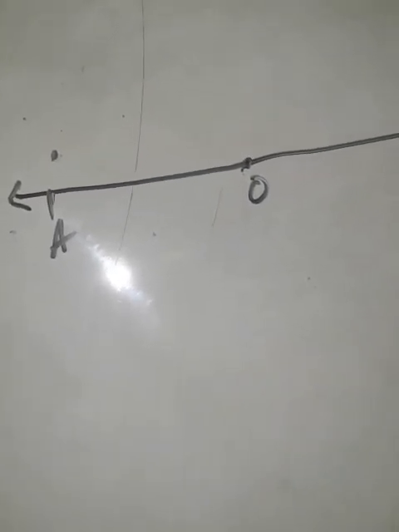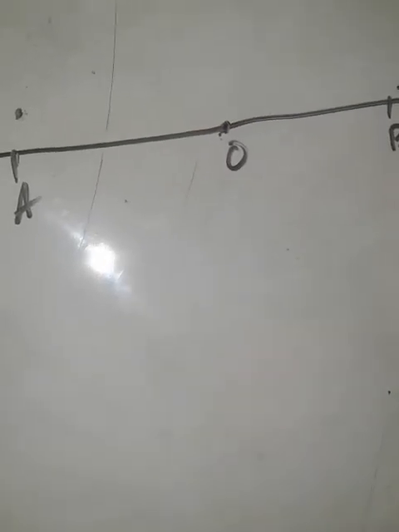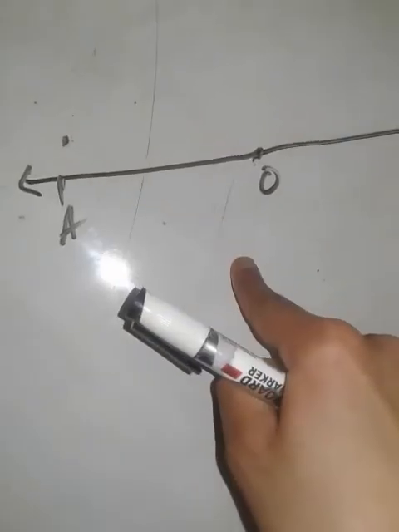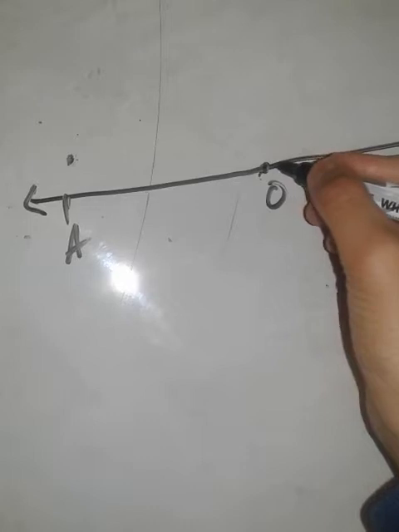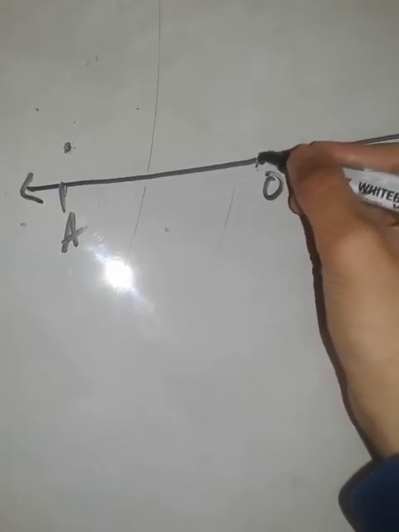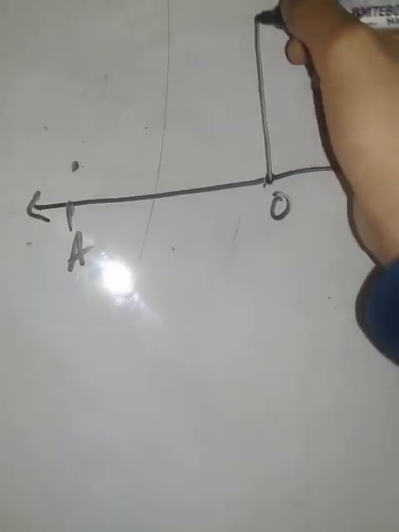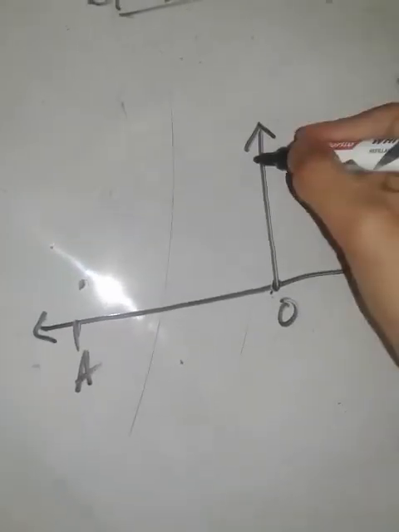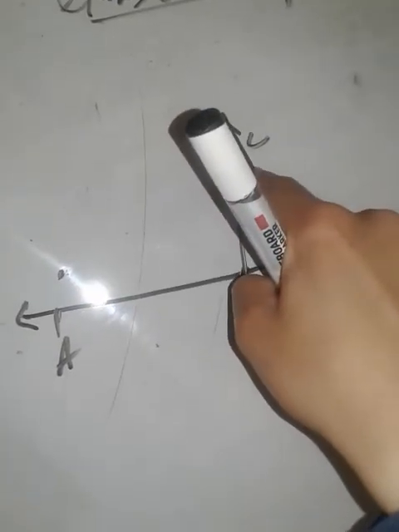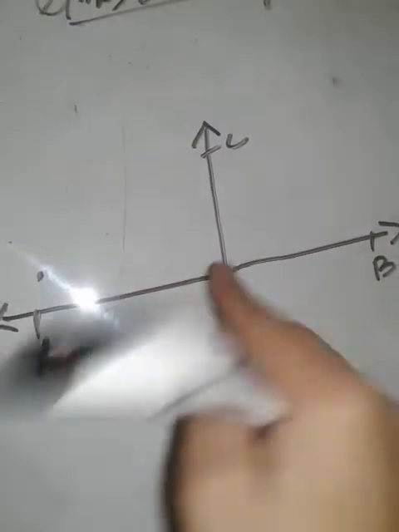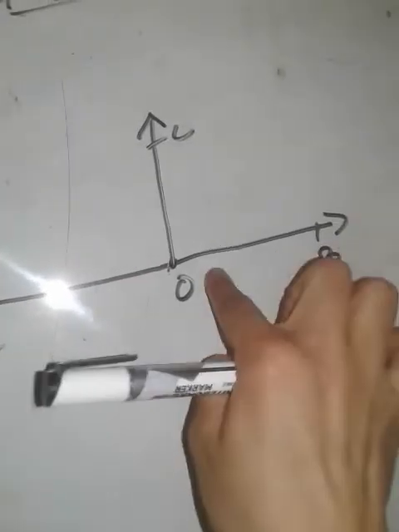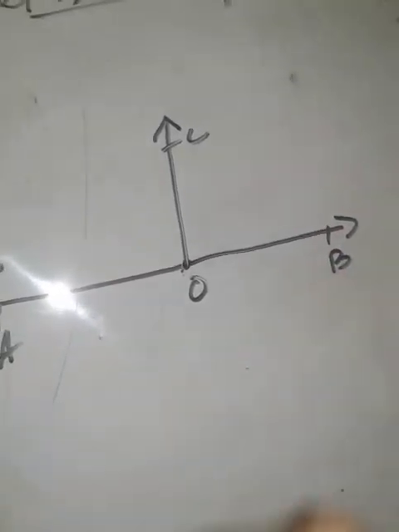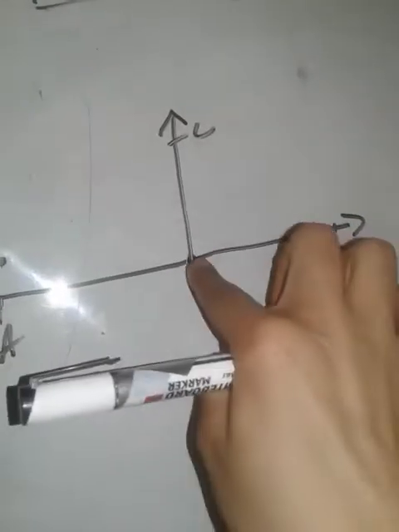They have a common arm. Suppose this is their common arm OC. These are their non-common arms OA and OB. This is the common arm, and this is the common vertex.